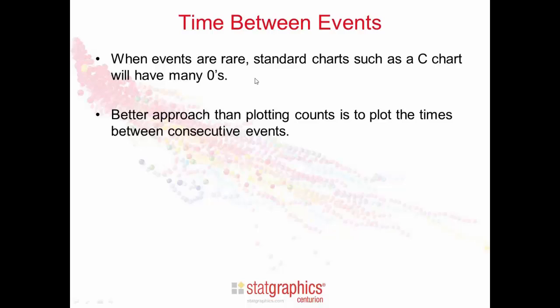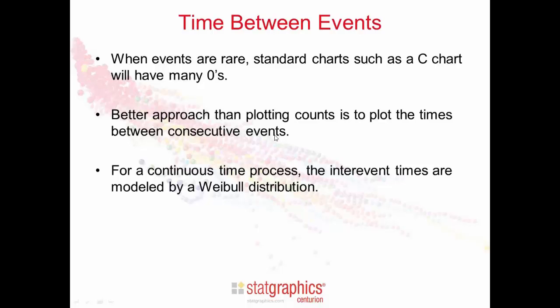A better approach, if you have rare events, than plotting counts is actually to plot the times between consecutive events. How long has it been since the last infection occurred? And we know certain things. We know that if we're recording events over continuous time, the inter-event times are typically well modeled by a Weibull distribution.